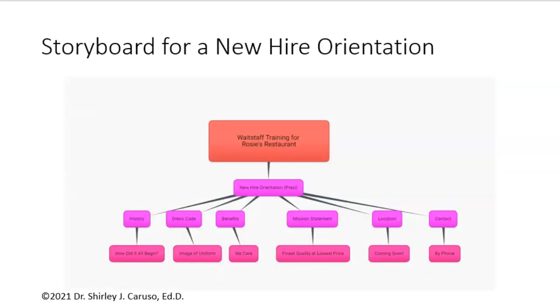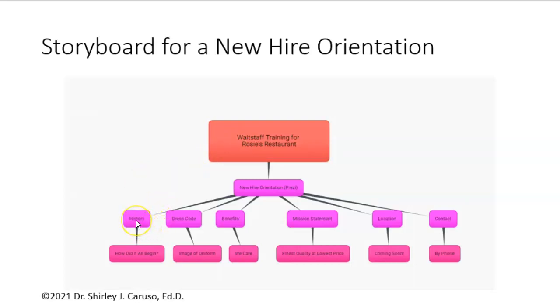This image is a storyboard that was created for a new hire orientation for the waitstaff training for Rosie's Restaurant. It was created using bubble.us. As you can see here, the new hire orientation will include 6 topics.